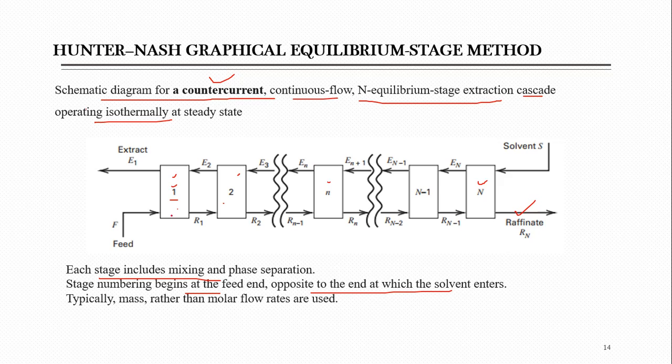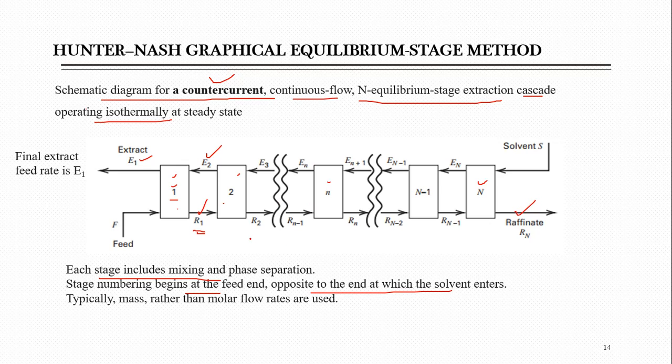So overall you can see that the feed is entering stage 1, and the raffinate which is leaving this stage is named R1. R1 means raffinate coming from stage 1, and E1 is the extract coming out of stage 1. The extract entering this stage, he is calling it extract, though you might consider that it should be solvent. The extract is actually the solvent rich phase, coming from stage 2 and entering this stage, so it is named E2 and so on. You can see all the other numbers.